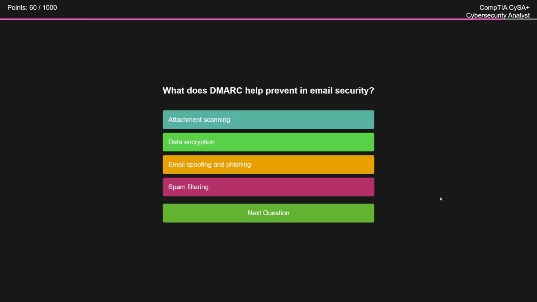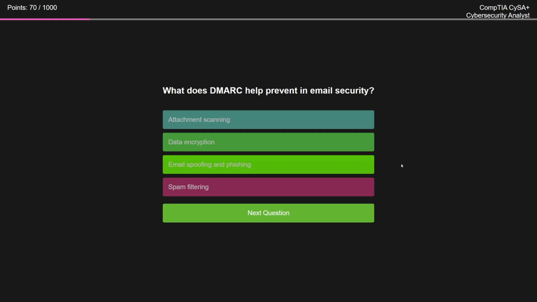What does DMARC, Domain-based Message Authentication, Reporting, and Conformance, help prevent in email security? Attachment scanning, data encryption, email spoofing and phishing, or spam filtering? So I think it's email spoofing and phishing. It's not attachment scanning. DMARC doesn't scan for attachments. It's not data encryption, even though DMARC uses technologies that can use public key infrastructure.